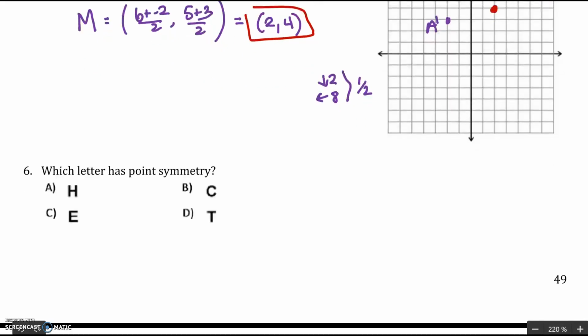Now, point symmetry is also known as 180-degree rotational symmetry. If a figure can be rotated 180 degrees and still appear the same as it was before, then it has rotational point symmetry.